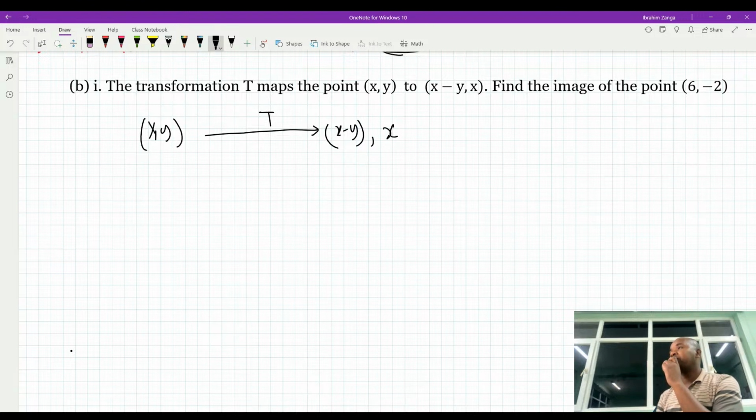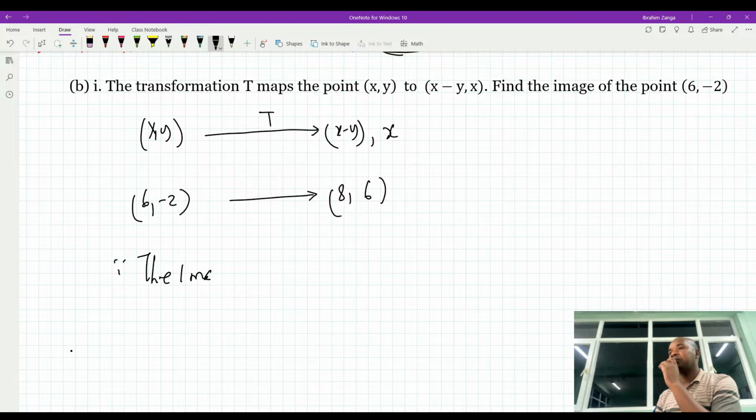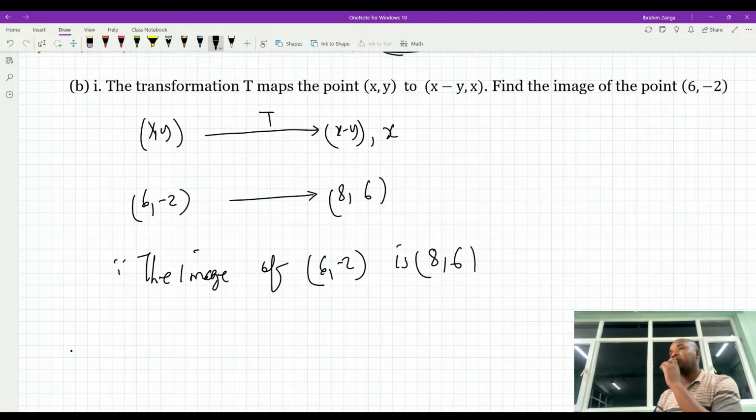So when you have (6, negative 2), it will be transformed to (6 minus negative 2, x), so that is (8, x), and x will be 6. Yes, students. So we are going to conclude that the image of (6, negative 2) is (8, 6) according to the given definition.